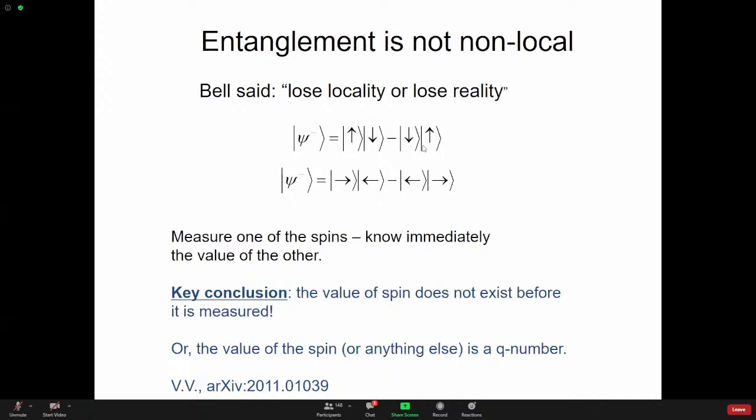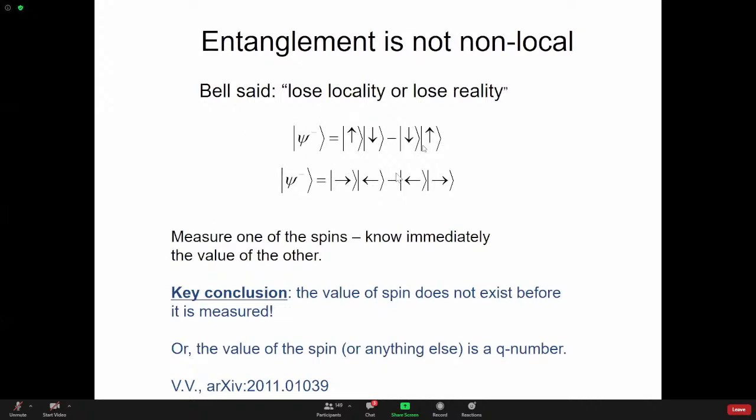I just want to say that one has to be very careful here, because the non-locality that Bell had in mind is not the non-locality that would exist in field theory, and it doesn't actually exist there. Fields, even quantum fields, are completely local. So I want to spend a few slides just discussing this issue.